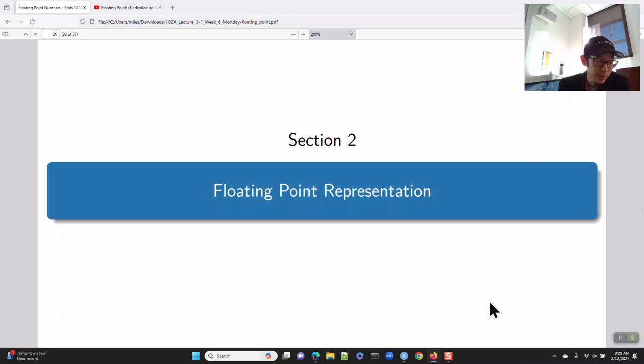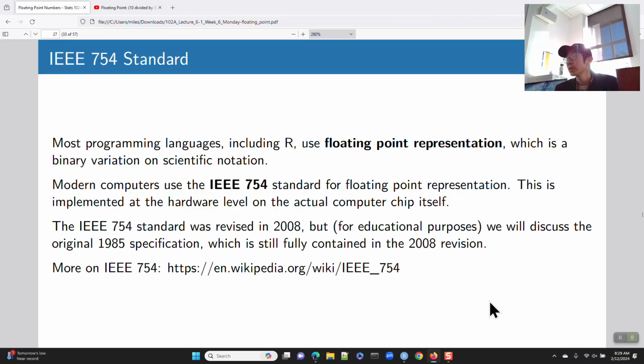So let's talk about how these numbers all get represented in the computer. This was a problem, and basically electrical and computer engineers got together and decided upon a standard. They said, all right, when we make computer chips and these things need to be able to handle numbers, how should we store the numbers?